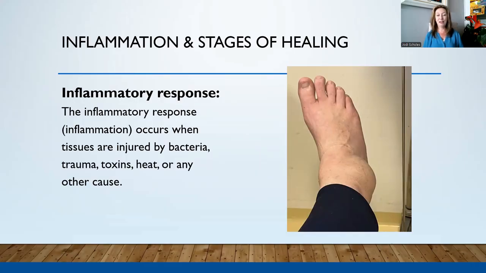She twisted her ankle and it had an inflammatory response. The inflammatory response is caused, in this case, from an injury, but it could be from bacteria. It could be from heat. But this is actually caused from trauma, a rolling over of the ankle. And this is a classic sprain, strain of the ankle.